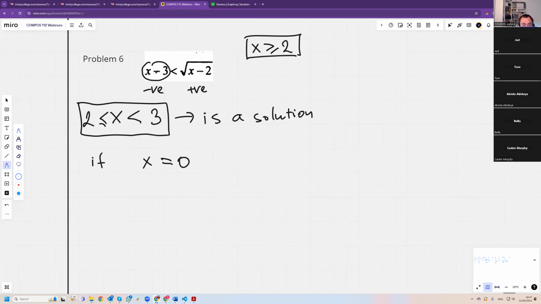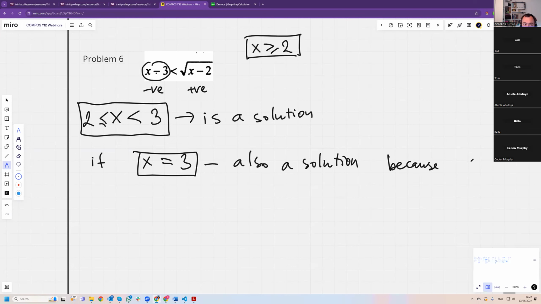If x is equal to 3, this is 0 and this is 1. Apologies, x equals 3 is also part of the solution, because when we substitute, we get 0 less than 1, which is true, because 3 minus 3 is less than 3 minus 2.